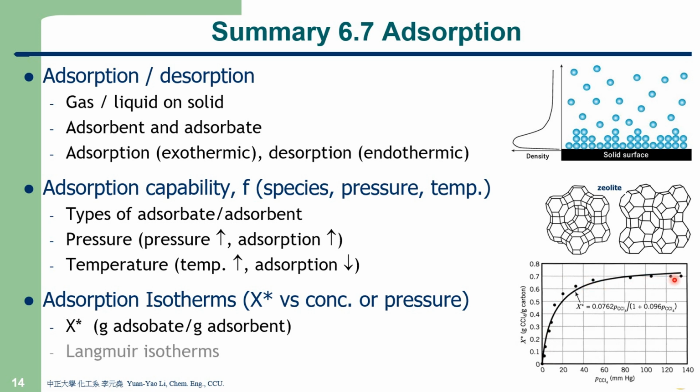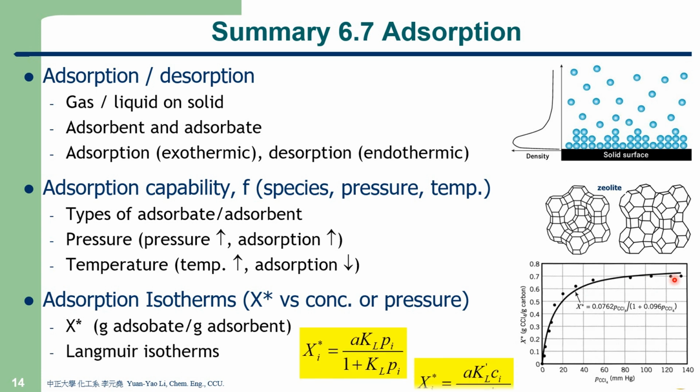There's one important, famous topic we learned, which is the Langmuir isotherm. This is the equation of the Langmuir isotherm: X star is proportional to Pi, where Pi is the partial pressure of the adsorbate and Ci is the concentration of the adsorbate.